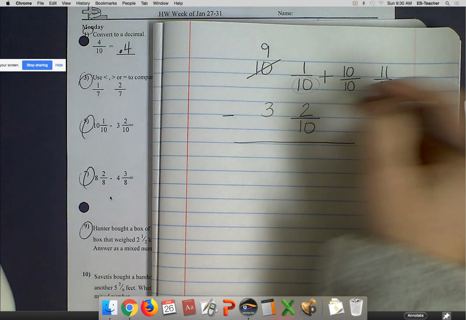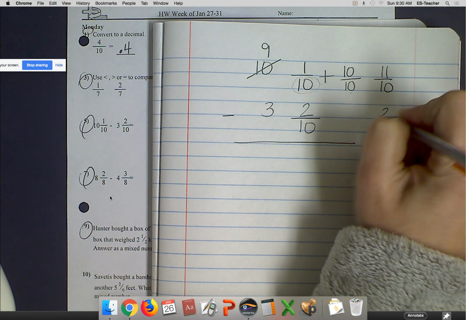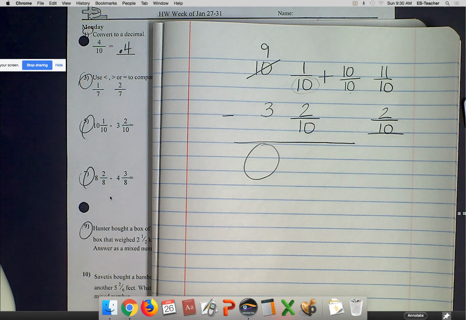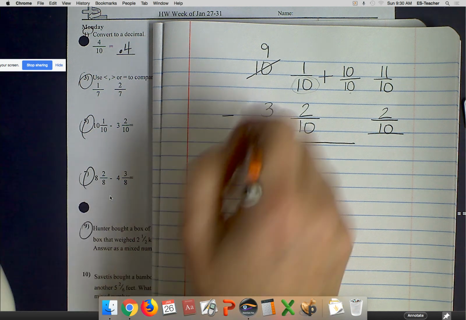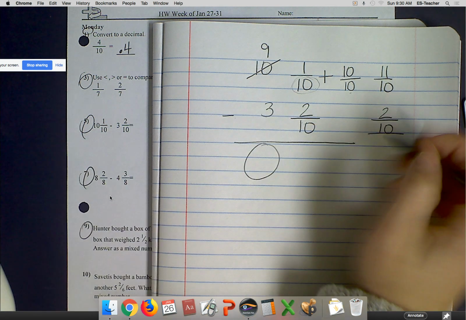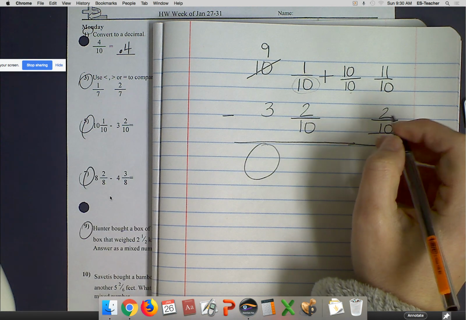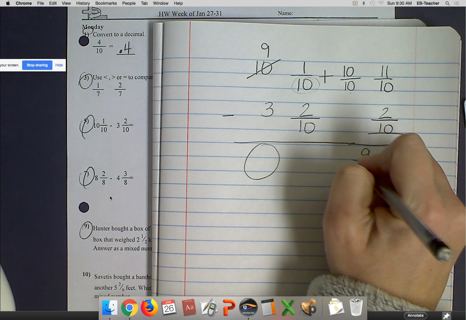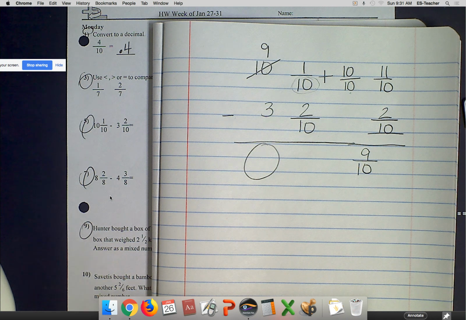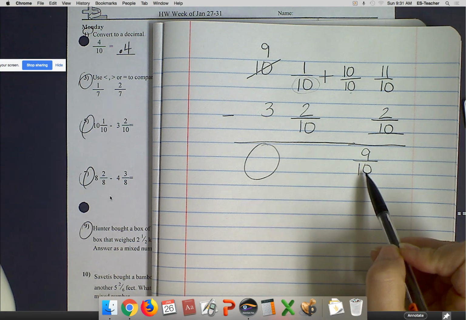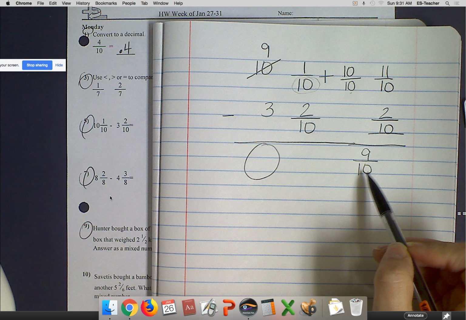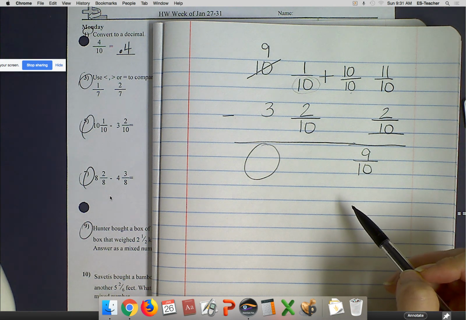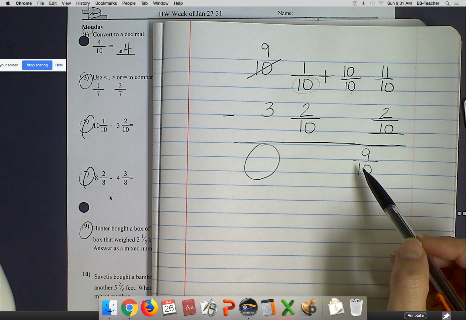And then I like to bring this down over here, and I put a circle here. That way it reminds me I need to go back and do my whole number. So 11 minus 2 is 9, and then I have 10. Normally you would put this in the ladder to see if it reduces, but you don't need to do that because 9 and 10 are right next to each other on the number line, so it tells you that they cannot be reduced.